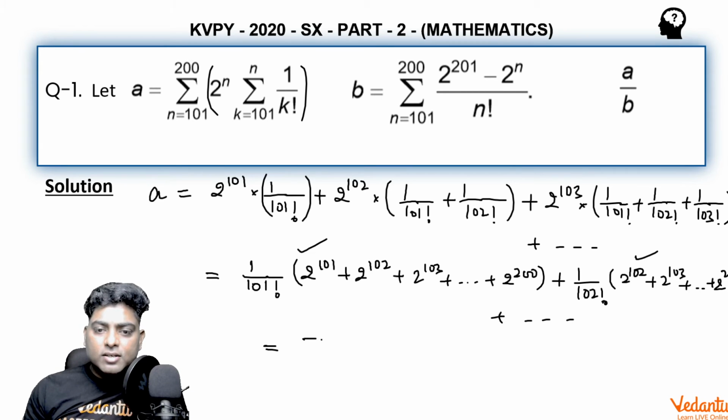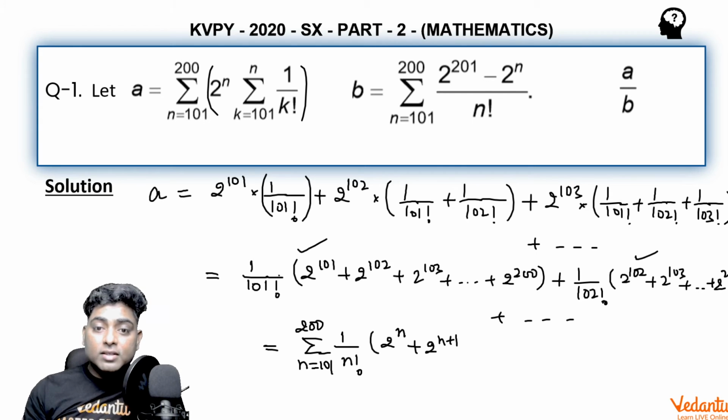So if I collect all these terms and convert them into a sigma, like 1 upon n factorial, 2 raised to the power n, n varying from 101 to 200, and then 2 raised power n plus 1. When n is 101, you will get the set of terms in the first bracket.